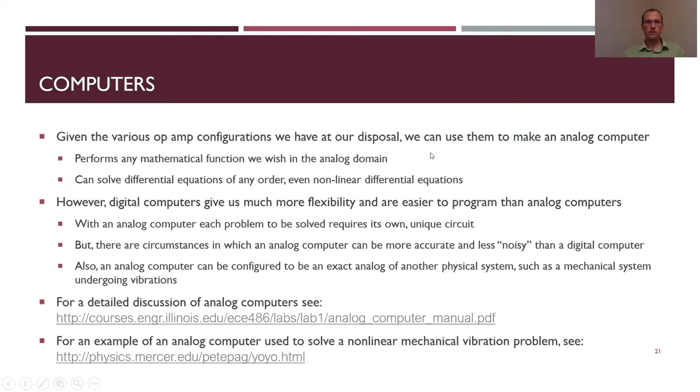The problem with an analog computer is that each problem is going to need its own unique circuit. So if you need to solve something by multiplying and adding, then taking a logarithm, you have to build a circuit that does those 3 things in that order. So that's kind of the downside. The upside is that there are circumstances where these analog computers can be more accurate and less noisy than a digital computer.